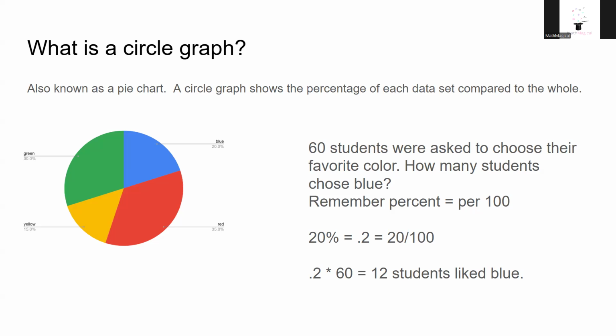So we're going to do 0.2, representing our 20%, times 60. And you know that 2 times 6 is 12. So then 0.2 times 60 would be just 2 times 6 is 12, 120, shift the decimal point over, you're back to 12. So 12 students liked blue.